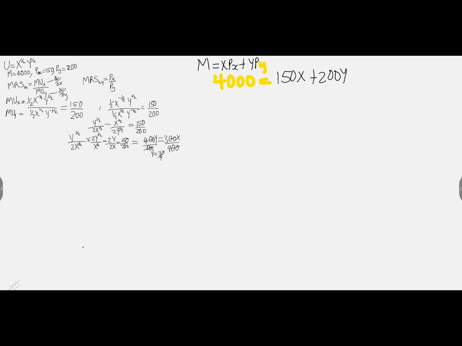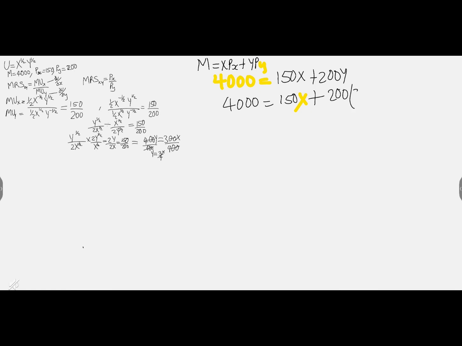So instead of writing Y here, I'll now put 3X over 4. So that's 4,000 is equal to 150X plus 200 into bracket 3X over 4. The reason is we can't solve this equation with two unknowns. That's why I'm making Y in terms of X, so it can be solvable.